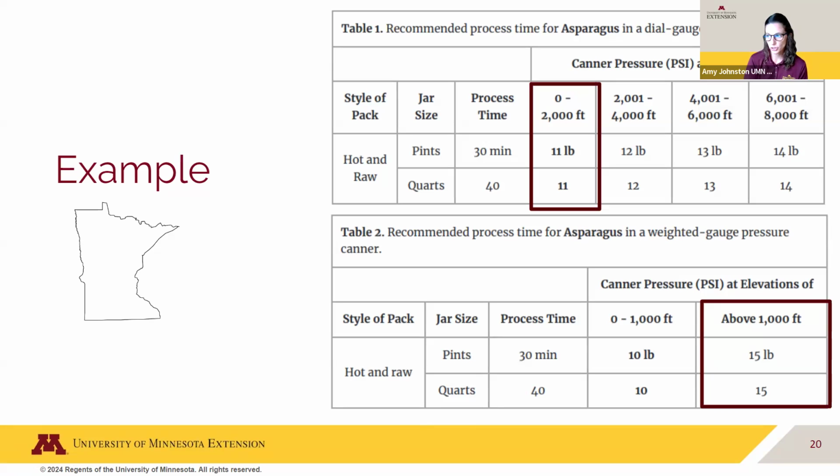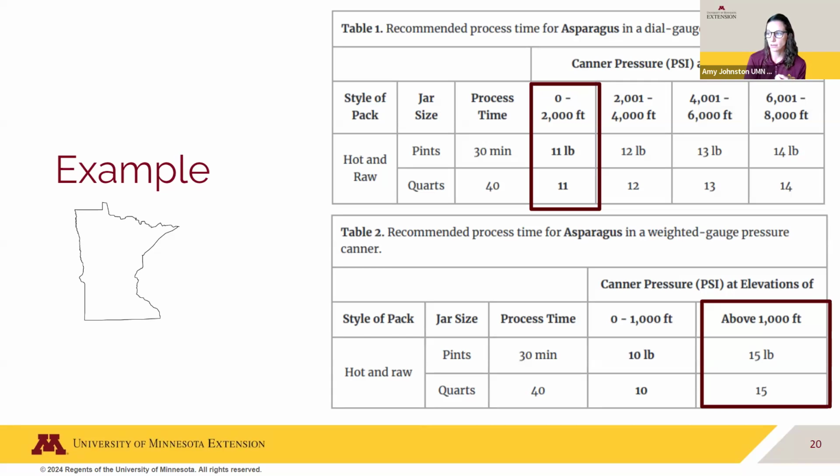The bottom chart shows the processing time for the asparagus using a weighted gauge. Another difference you can see here is that for the weighted gauge, there's only two categories of elevation: 0 to 1,000 or above 1,000.